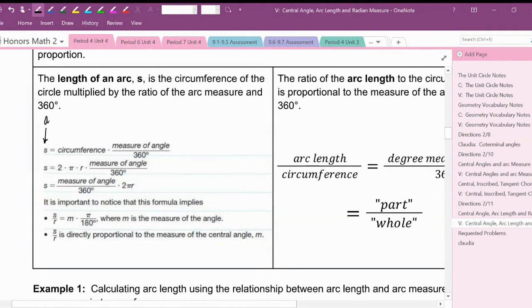We use S for that. Is the circumference times the measure of the angle, which would be our central angle, over 360. So it's really the fraction of the circle determined by the central angle times the circumference.